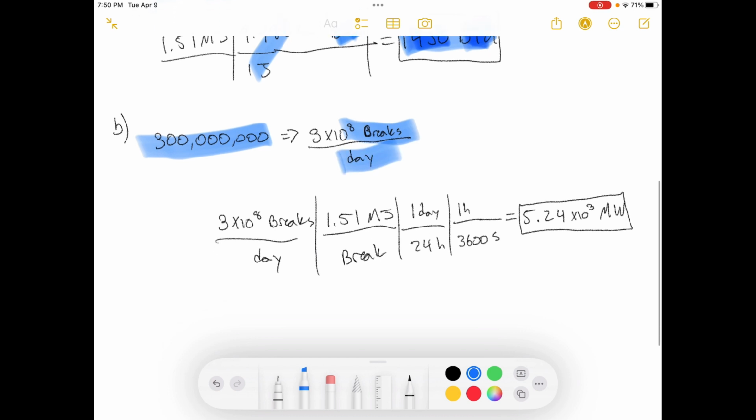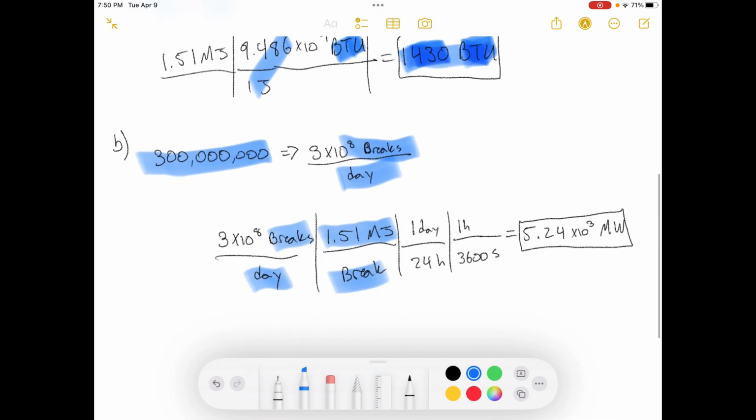If we have 1.5 megajoules per braking process, right? Then we just need to convert these days into seconds because joules per second turns into watts. Our brakes here cancel out, and then days cancel out, hours cancel out, okay? So those unit conversions are correct.